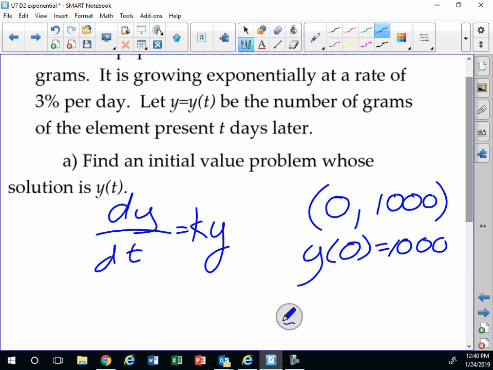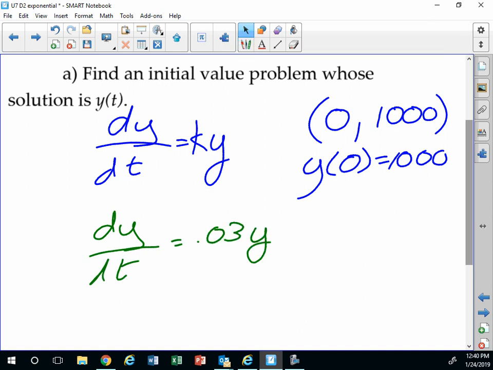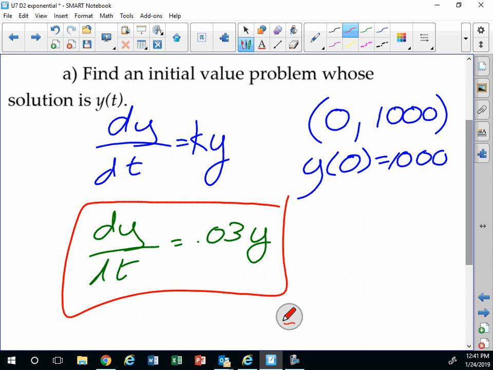Here's my question. Do I know how much I'm growing? What the growth rate is? Growing exponentially. 3%. So I need to have this, and I need to have this, or this.